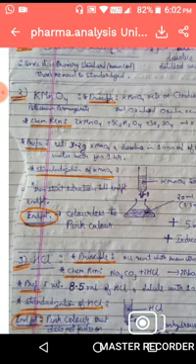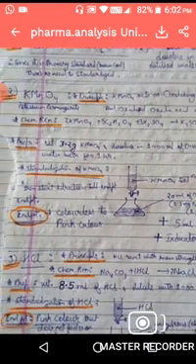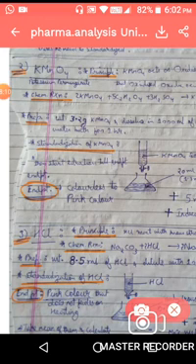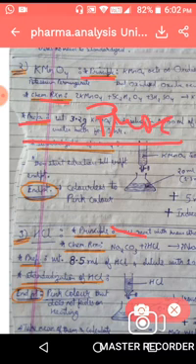So let's move to the second one, potassium permanganate, that is KMnO4. The question will come in your exam: write the preparation and standardization of KMnO4 or potassium permanganate, right? So you have to mention the principle, then the chemical reaction, then the preparation. Then here I have not mentioned one thing, but you have to mention it in your exam, that is where I am underlining here, after the preparation step, your procedure, right?